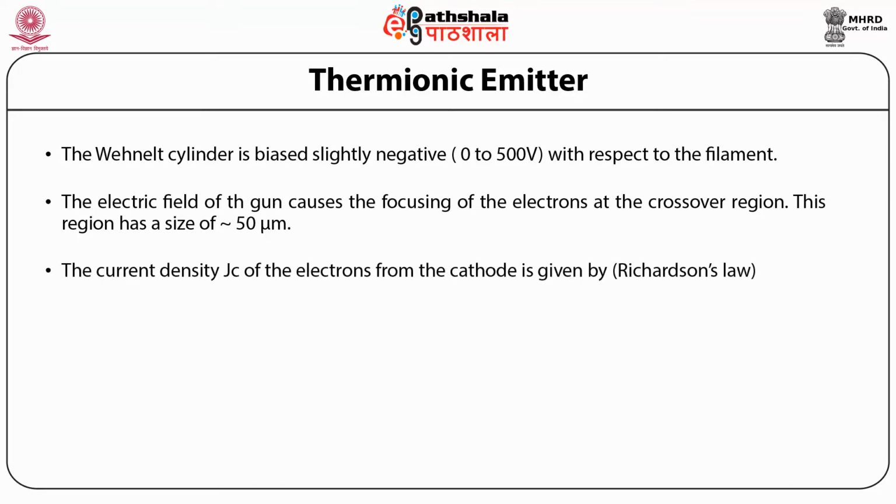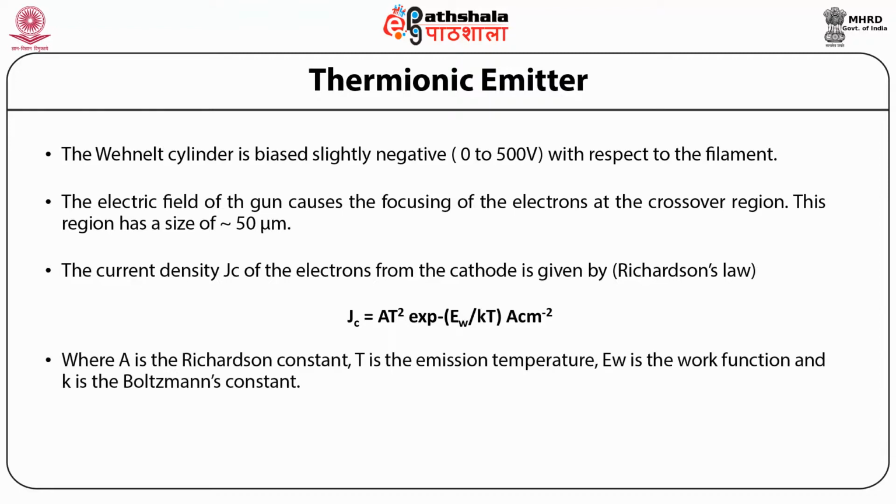The current density Jc of the electrons from the cathode is given by Richardson's law, that is Jc is equal to A T squared times exponential of minus EW by kT ampere per centimeter square, where A is the Richardson constant, T is the emission temperature, EW is the work function, and k is the Boltzmann constant.